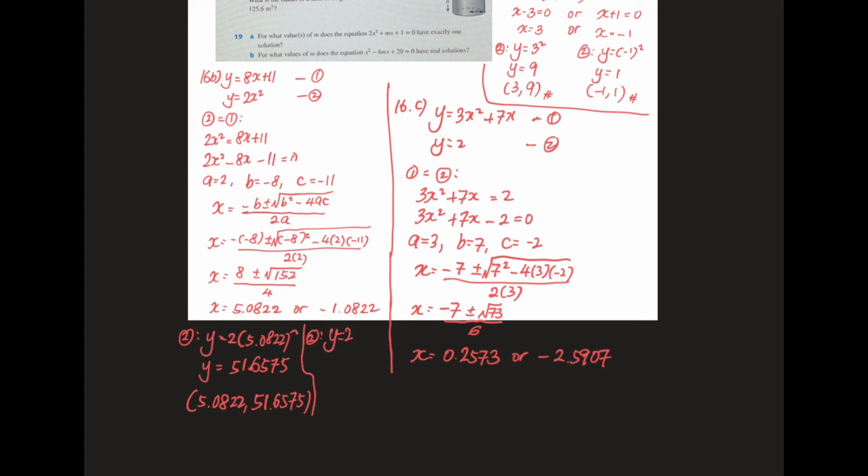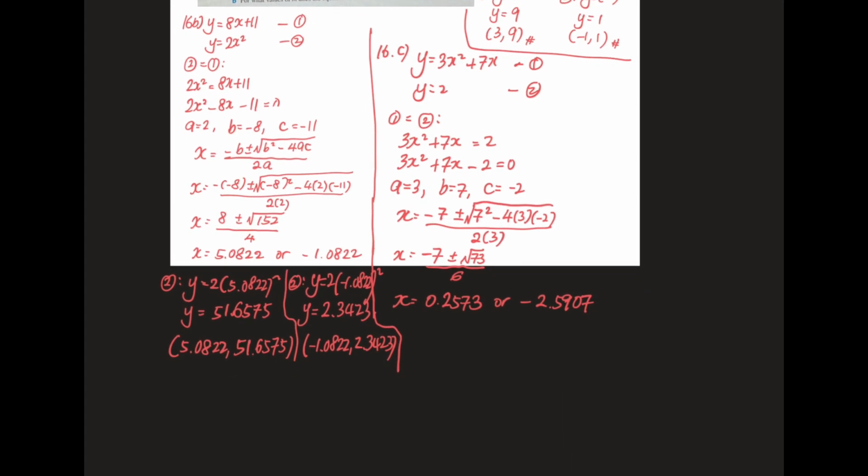Okay, and on the other side, equation 2, y equal to 2 times negative 1.0822 squared. So we get 2.3423. Okay, then we get negative 1.0822, 2.3423. Okay, so these two are the intersection points.